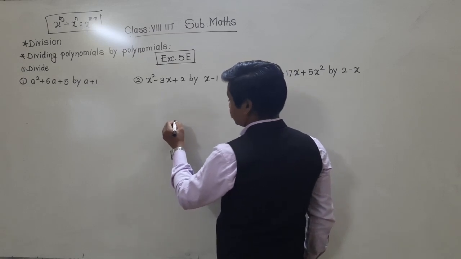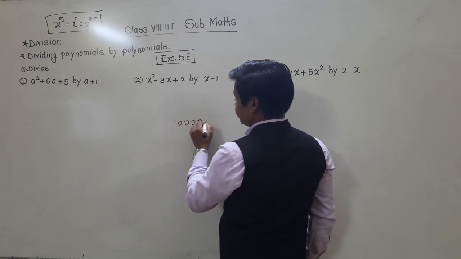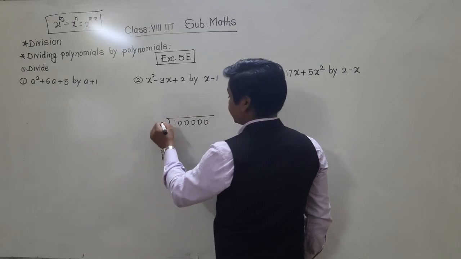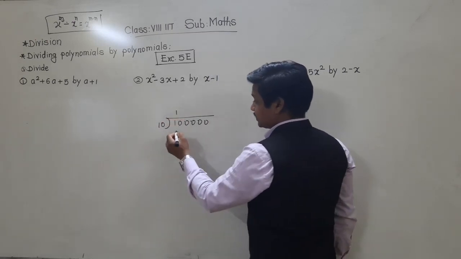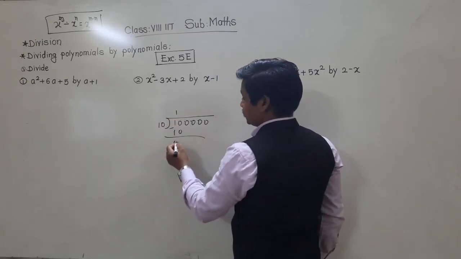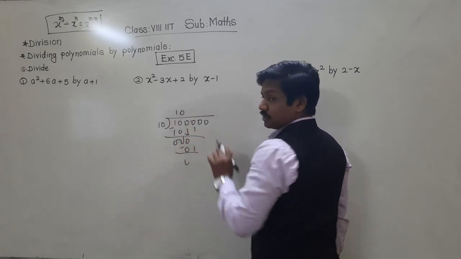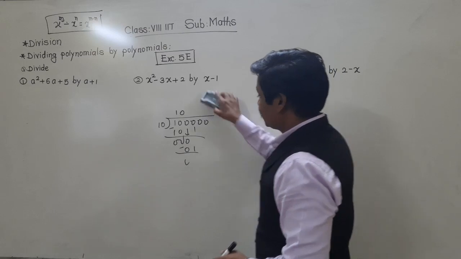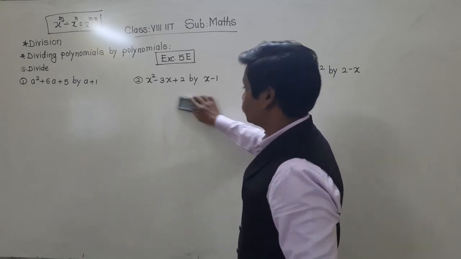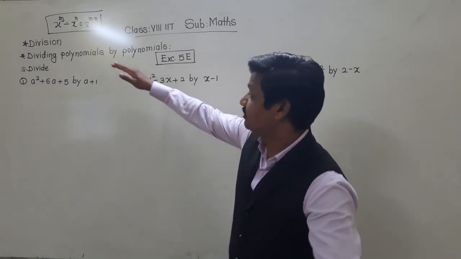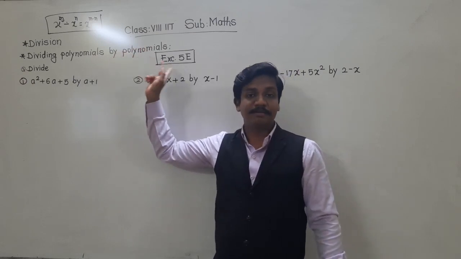Suppose it is 1 lakh divided by 10. Then in this method, 10 ones are 10, 0 0 0 came down, 10 zeros are 0, and so on. This is called the long division method. So this method we are going to use here in the division of polynomials by polynomials.